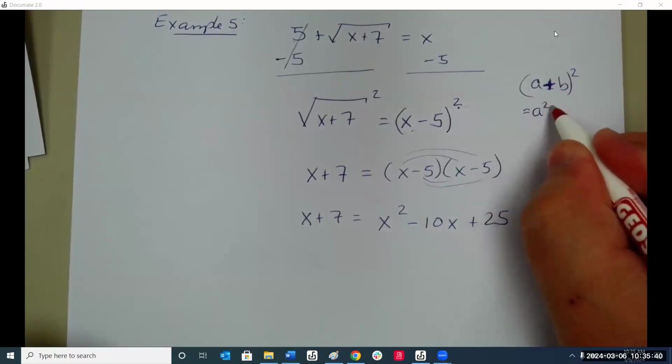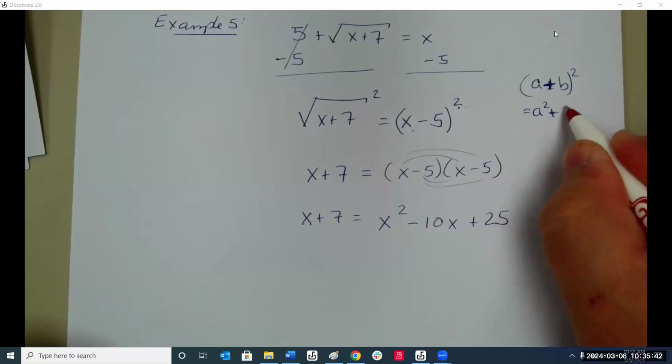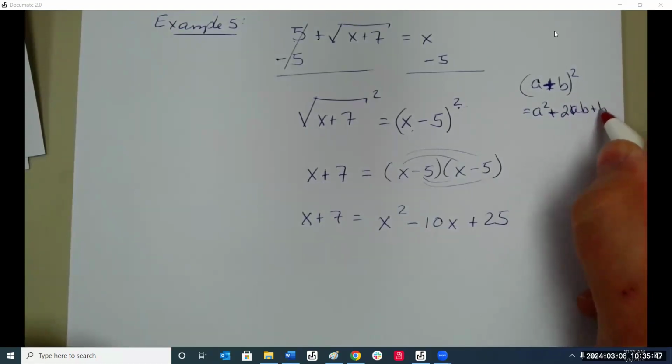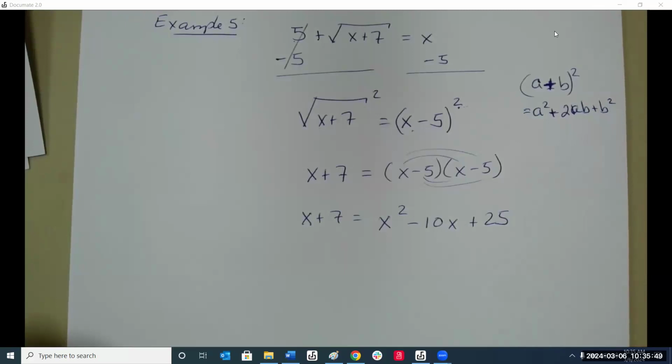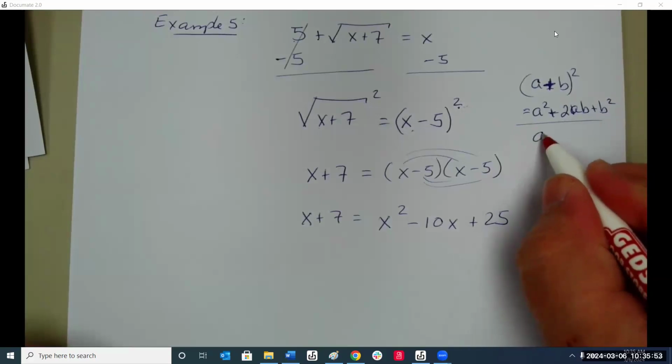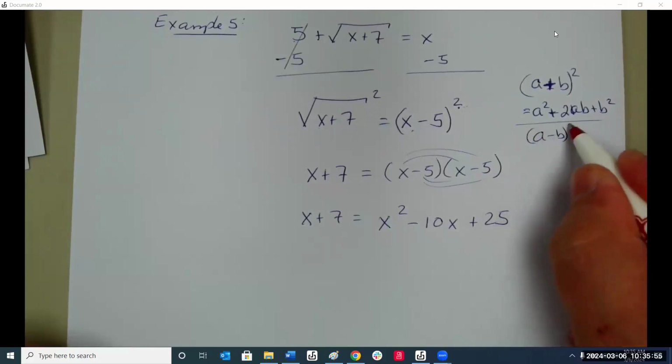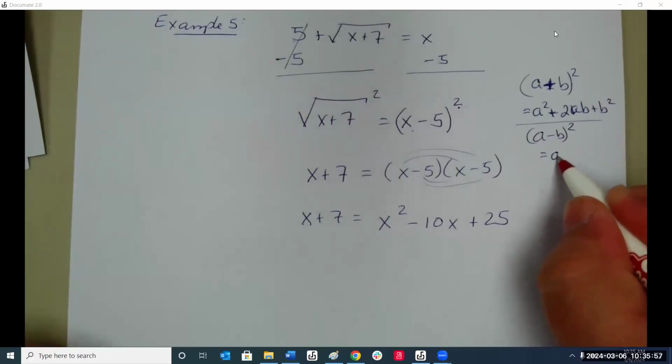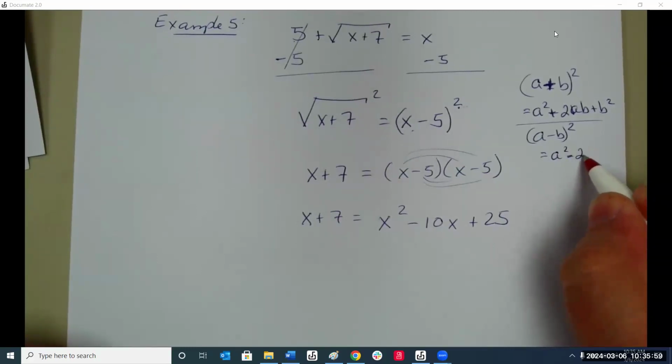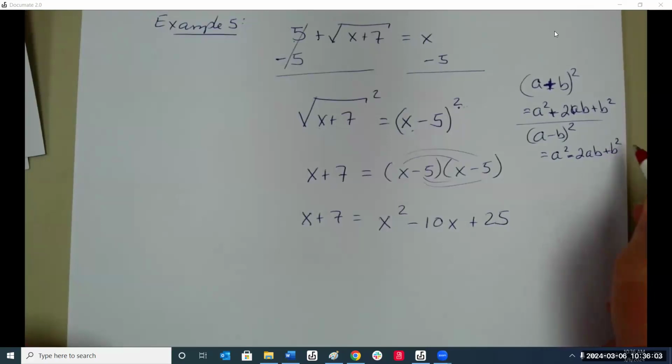That equals a squared plus 2 times ab plus b squared. If it's a minus b and it's squared, then it's a squared minus 2 times ab plus b squared.